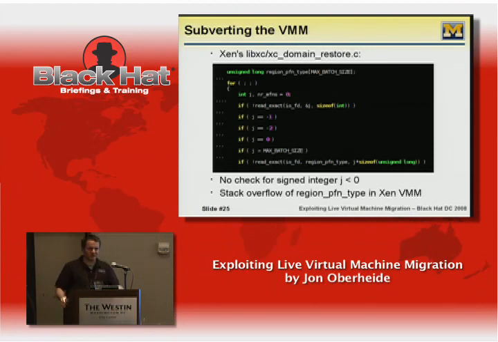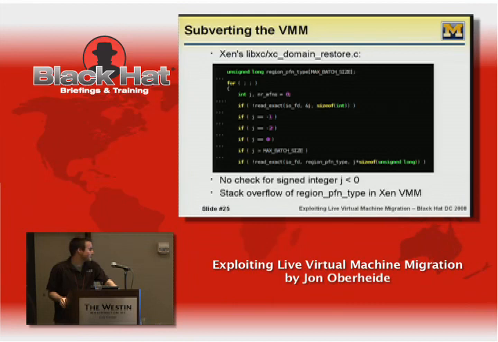I have a little screenshot here of an example, one of the example vulnerabilities from Xen's migration routines. As you can see, we are reading in a signed integer j from potentially the attacker. The signed integer goes through several sanity checks, making sure it's not -1, -2, or 0, and making sure it's not greater than the size of the stack-allocated variable up there, the batch size.